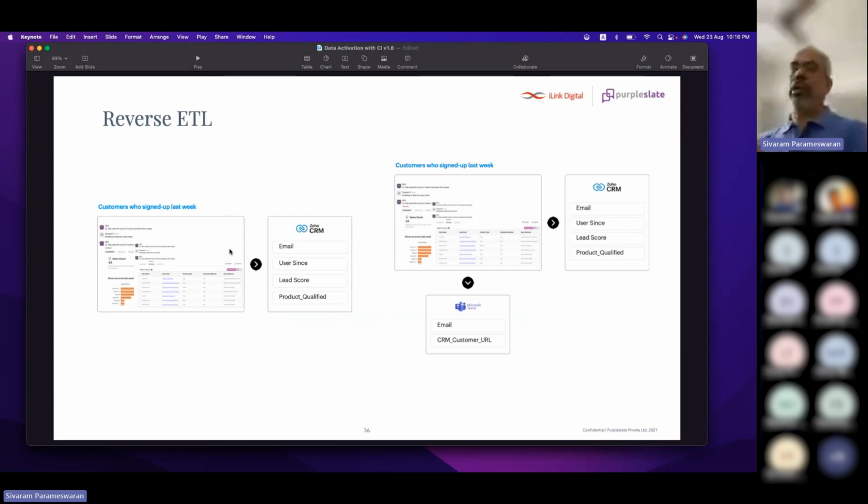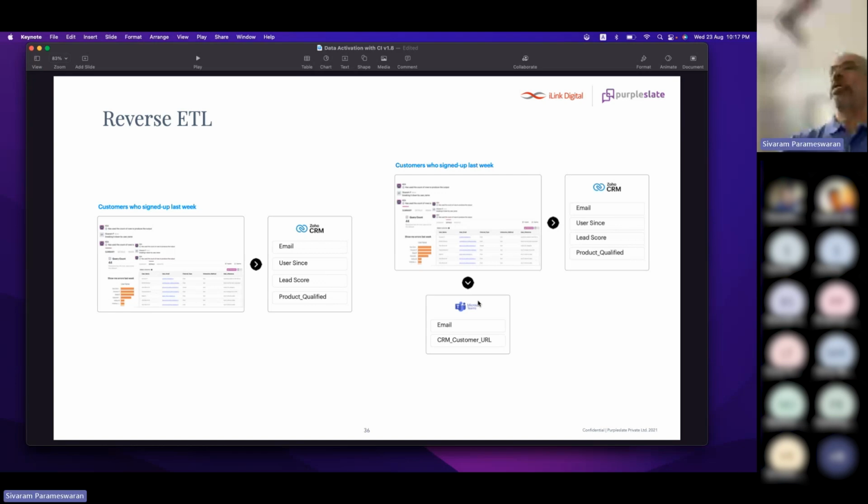You try to map it from the analytics output into the business applications. Even if it is posting a message, we just input the email ID, and then it creates the message in Teams, or it could be posting it in Zoho CRM and all that, right? Very similar to the ETL layer. Now you're just doing the reverse part, which is from the insights or from the analytics back to the business application.